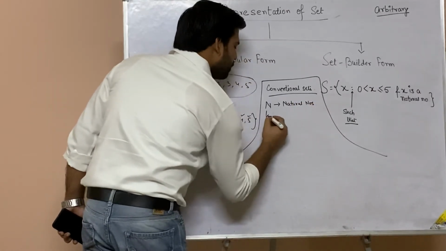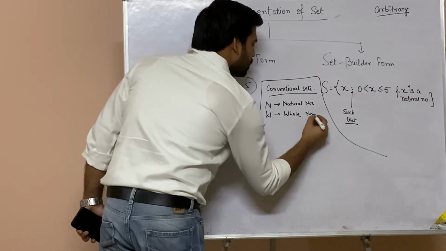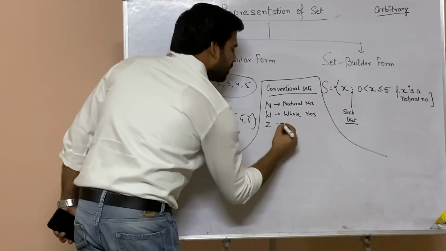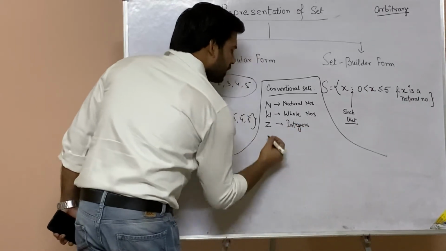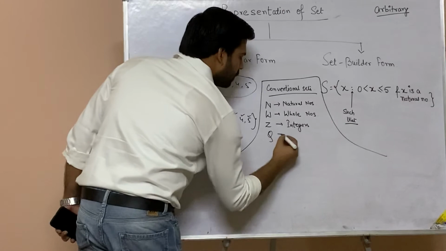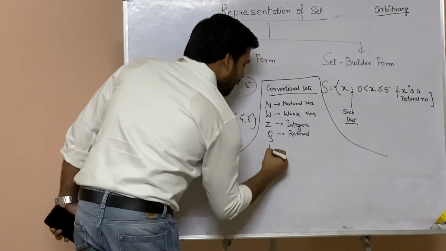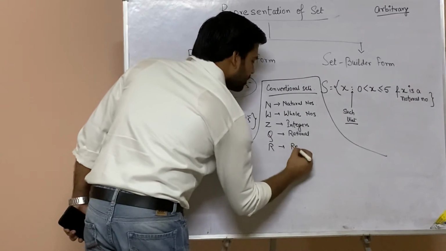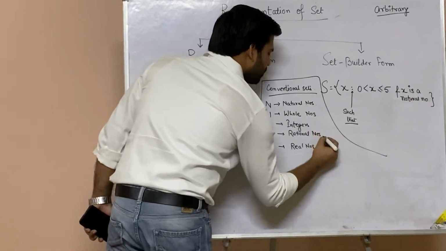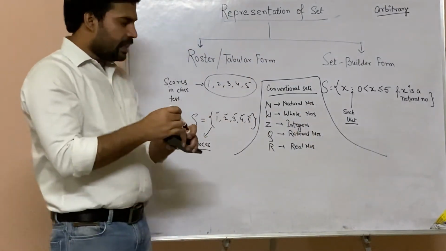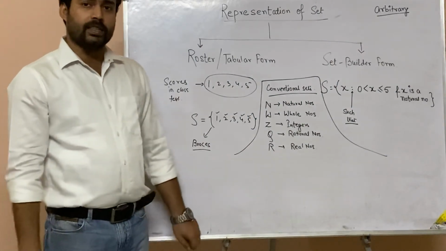Then you are having W representing whole numbers. Then you are having Z representing integers. Then you are having Q representing rationals and R representing reals.